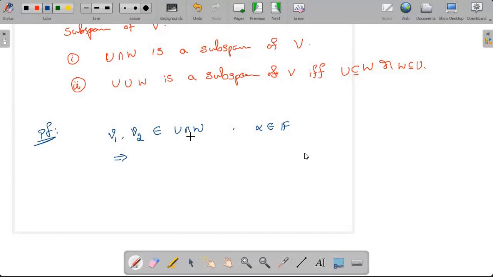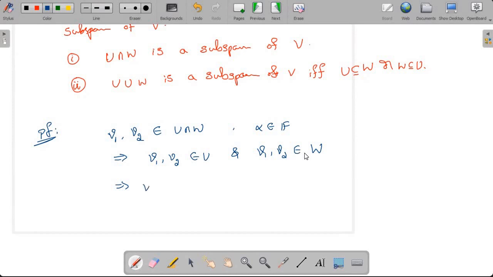It means that V1 comma V2, these are elements of U, and also V1 comma V2, these are elements of W. But you know one thing, individually they are subspaces. U is a subspace, W is a subspace.